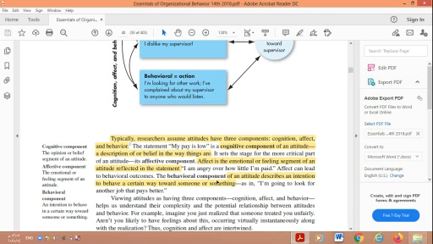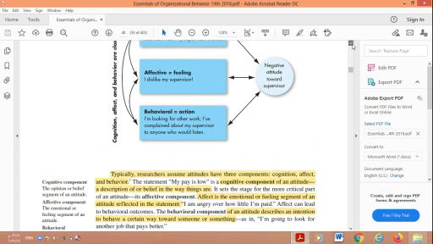So the components of attitudes: the first one, the cognitive, means we evaluate things or people. After that we form our feeling. Finally, we decide how to act according to this person or situation.